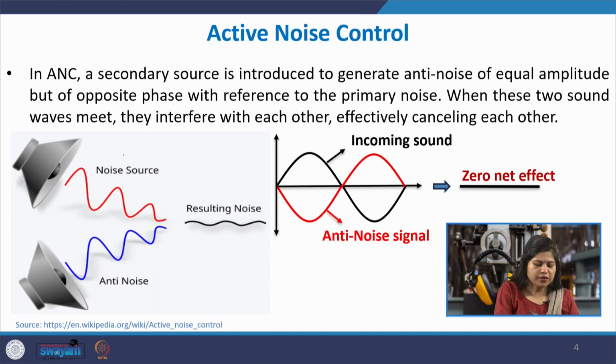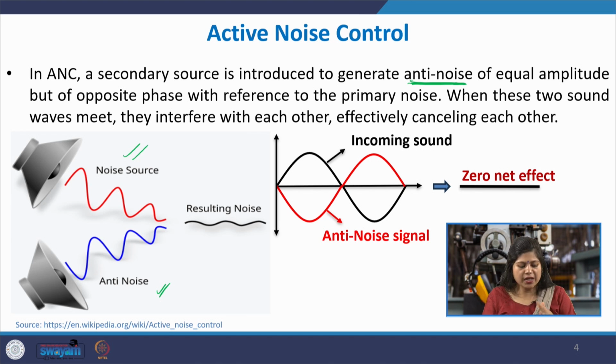So, you have the noise source, you have an anti-noise source. Usually this secondary source is also called the anti-noise source, because it is generating a signal which is antiphase to the already present noise signal, which is called the anti-noise signal. So, these are some of the terminologies used in active noise control.